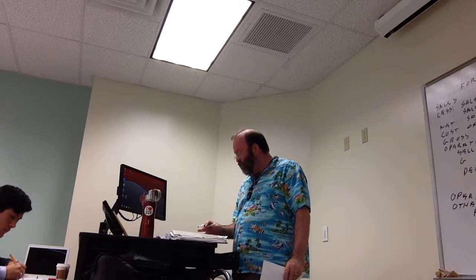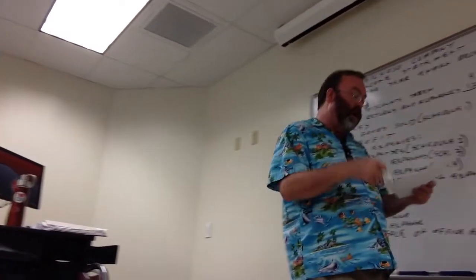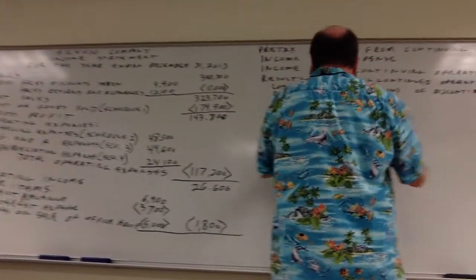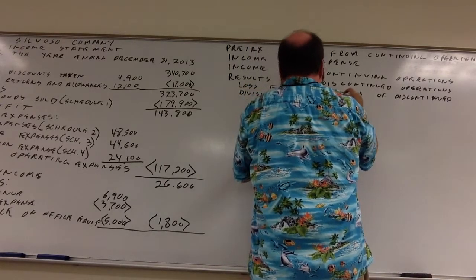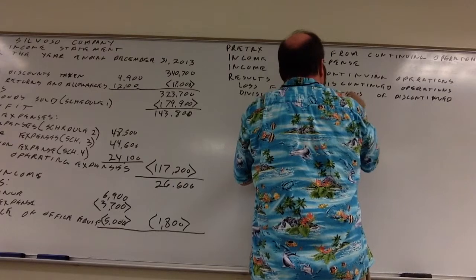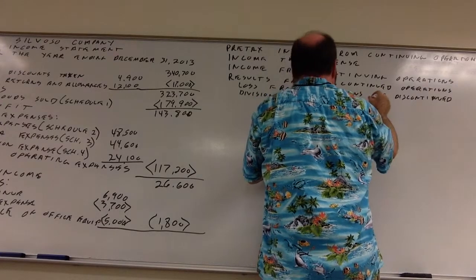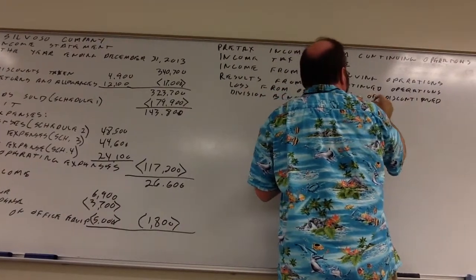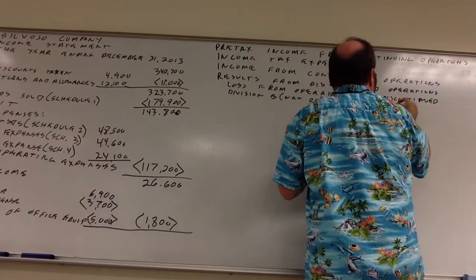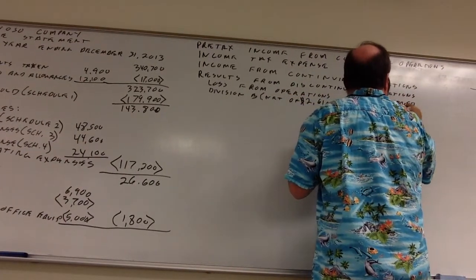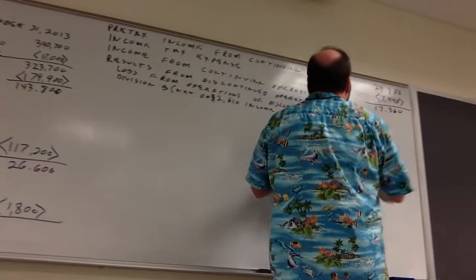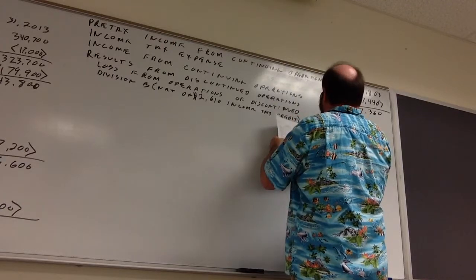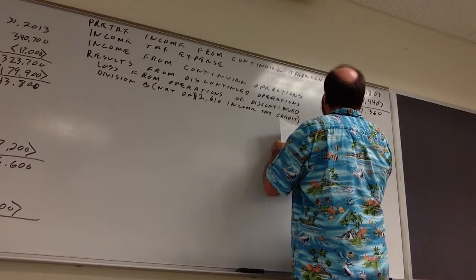It operated with a pre-tax operating loss of $8,700. So multiply the $8,700 and you get net of a $2,610 income tax credit. So that's a negative $6,090.